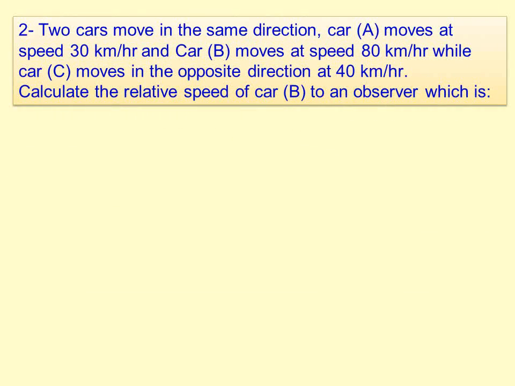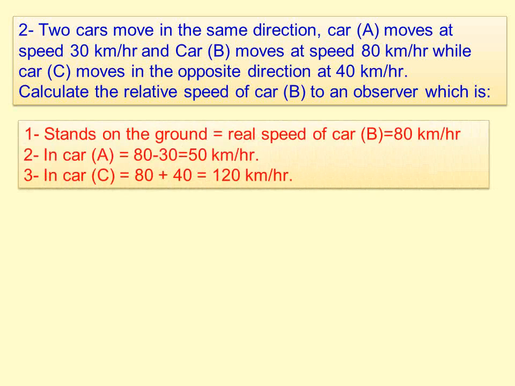Okay, we have another problem. Two cars move in the same direction. Car A moves at speed 30 km per hour and car B moves at speed 80 km per hour, while car C moves in the opposite direction at 40 km per hour. Calculate the relative speed of car B to an observer, which is, in the first case, standing on the ground.